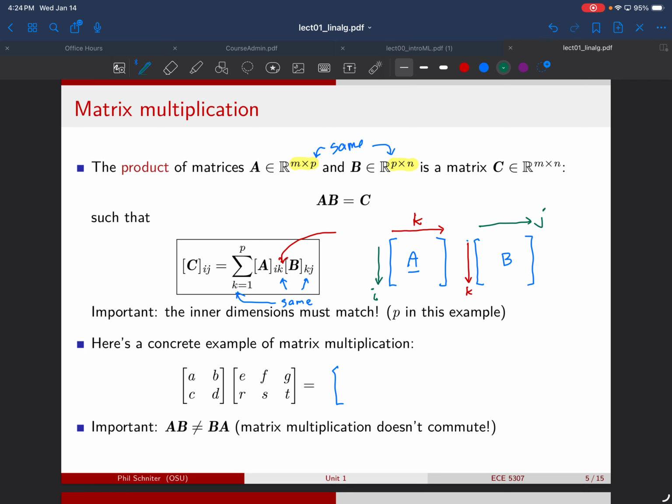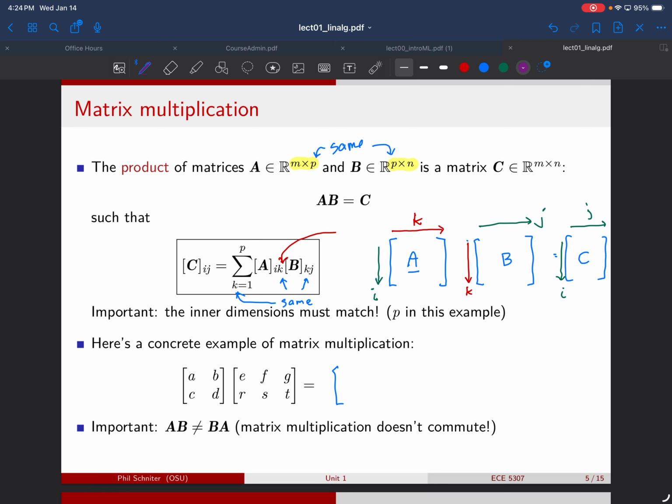And when we do this matrix multiplication, essentially what we're doing is we're saying this is a new matrix C, and C is going to have those outer dimensions. Let's say I goes across its rows, J goes across its columns.